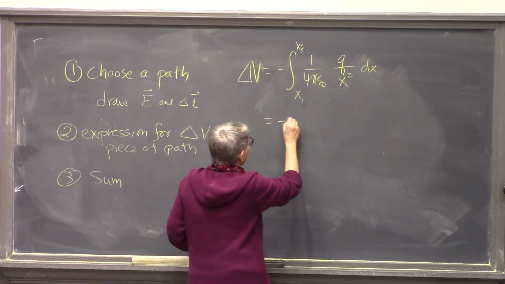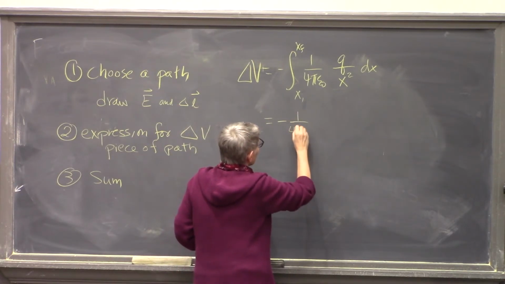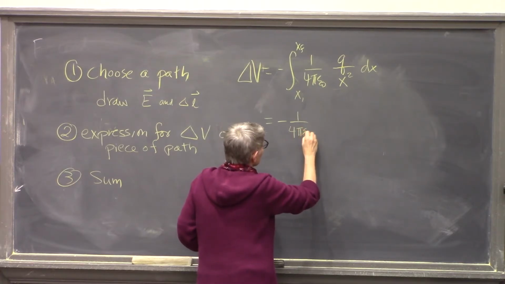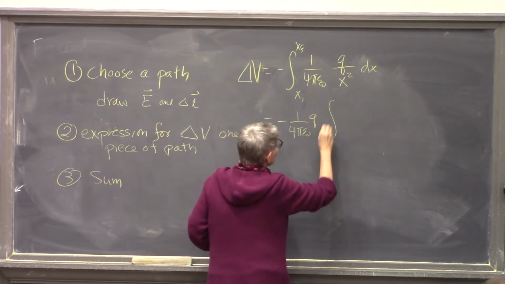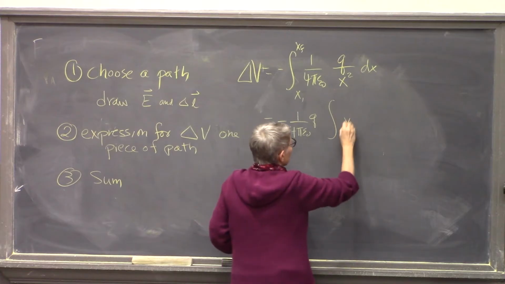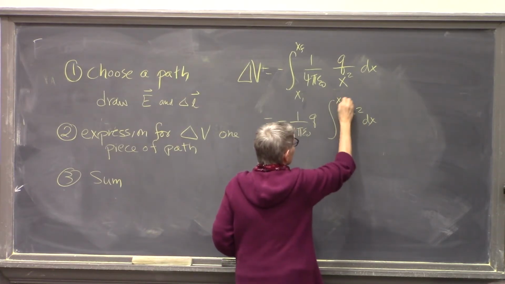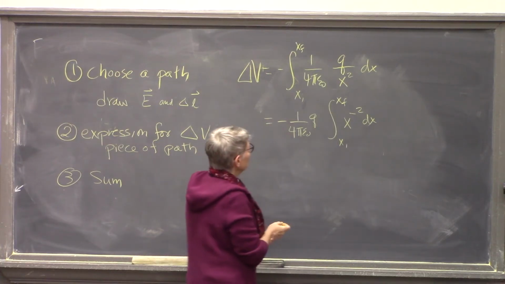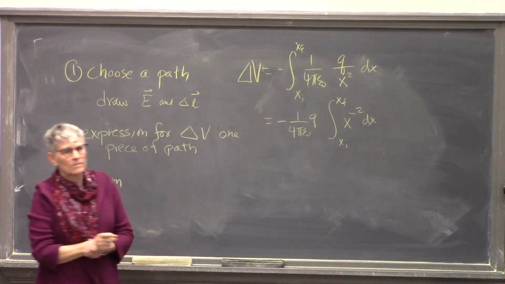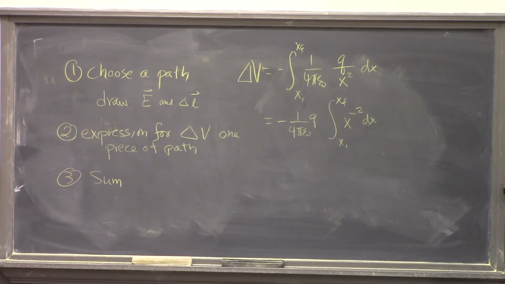So we have a minus 1 over 4 pi epsilon 0 Q times the integral of x to the minus 2 dx from x initial to x final, right?